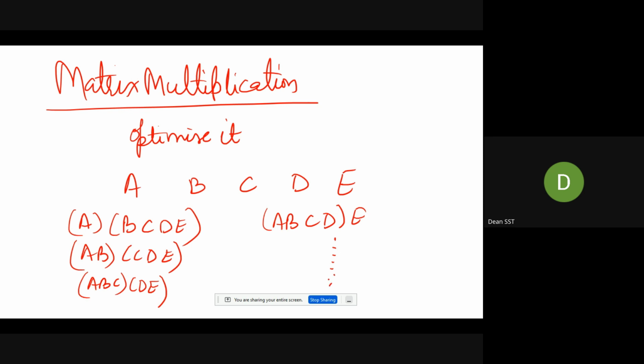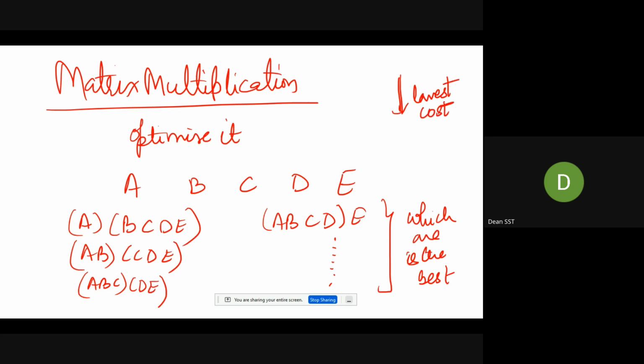We want to know which one is the best. Any multiplication with the lowest cost will be the best, that is, it will be optimal.